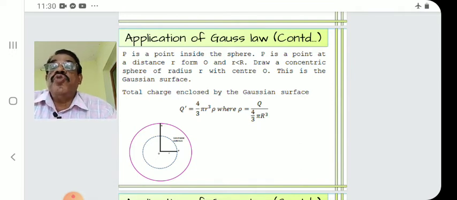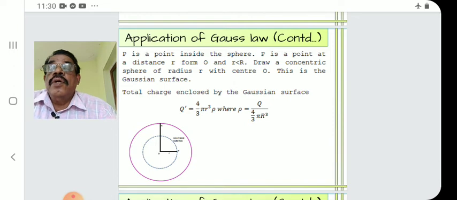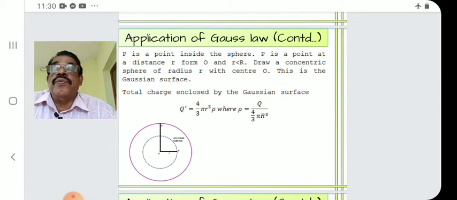Total charge enclosed by the sphere. When we consider inside the spherical surface, the charge is less than the total charge. So the new charge inside the Gaussian surface is q dash, equal to 4 by 3 pi r cubed, its volume, into rho, the charge density. The total charge on the sphere is q.